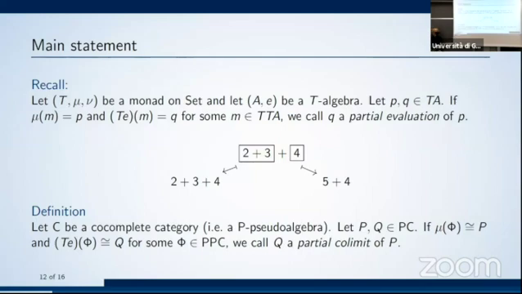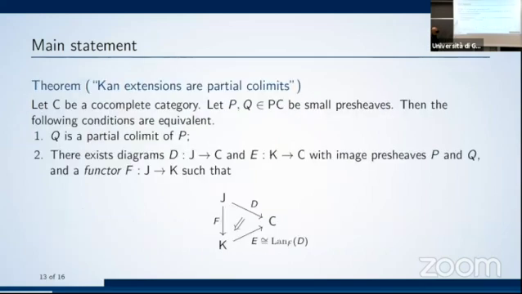And now here comes the main theorem. Q is a partial colimit of P if and only if you can write P and Q as image presheaves of diagrams which are in a Kan extension situation.